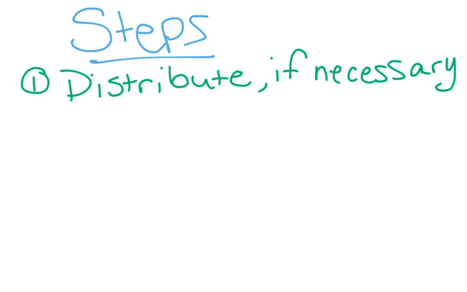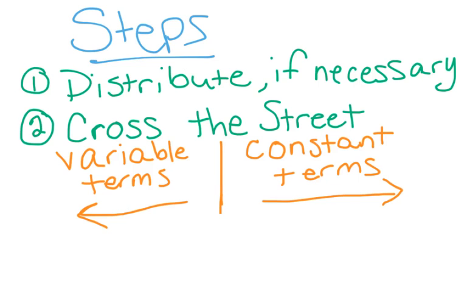And so step 1 sometimes happens and sometimes doesn't. But I go ahead and put it here so you always remember to check for it. Do we need to distribute? If so, do so. If not, go ahead and jump to our step 2, which is to cross the street.